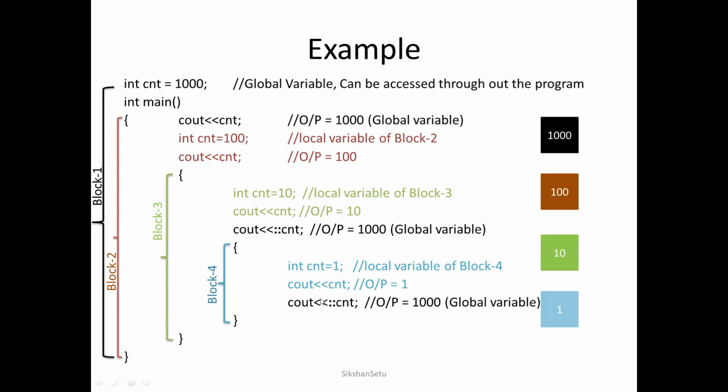So the problem of the hidden global variable can be solved by using the concept of scope resolution. Whenever we want to access a global variable in local scope, we can use the scope resolution operator and then the name of the variable. So directly it can access that particular global variable.